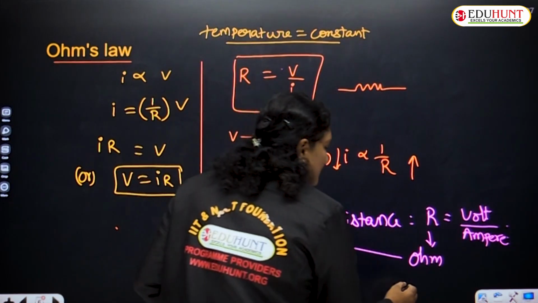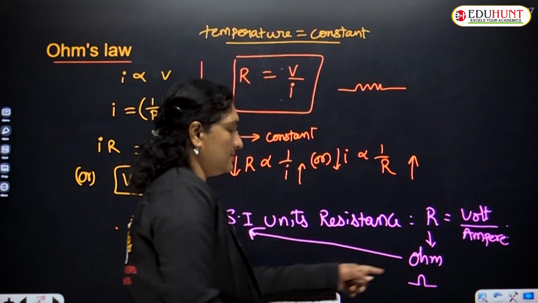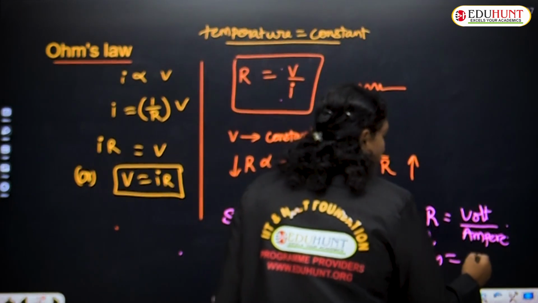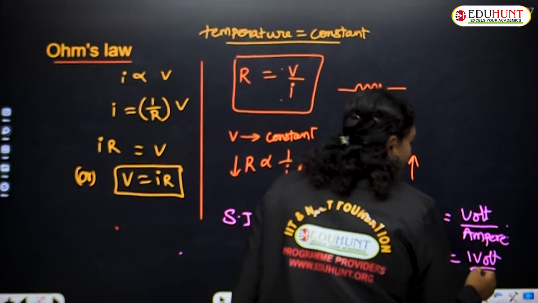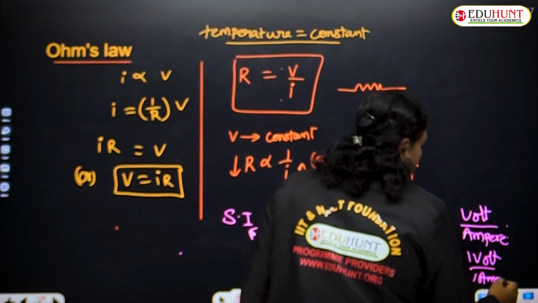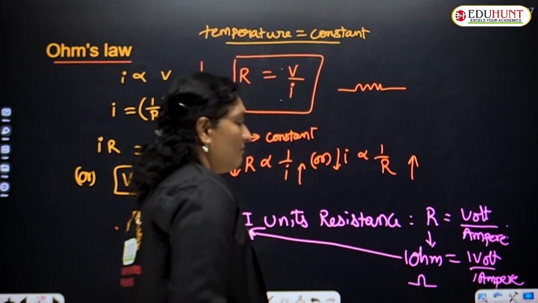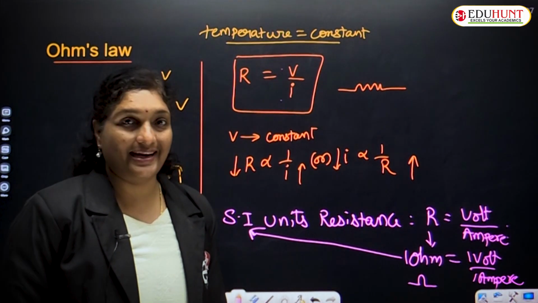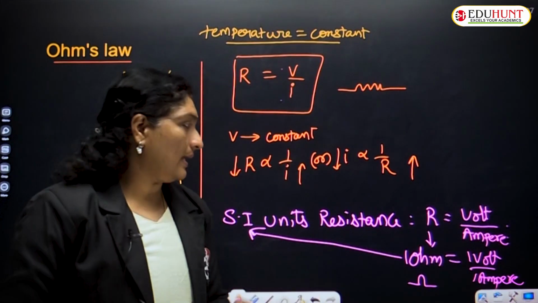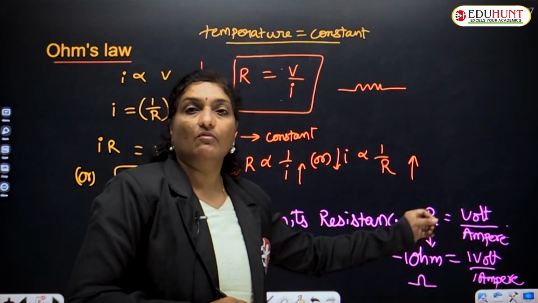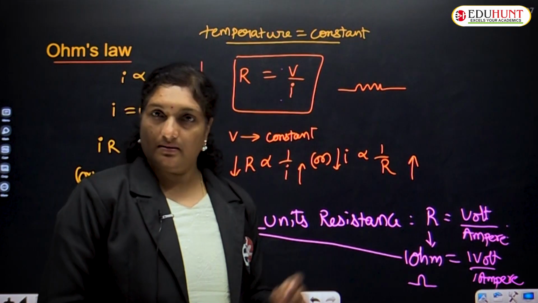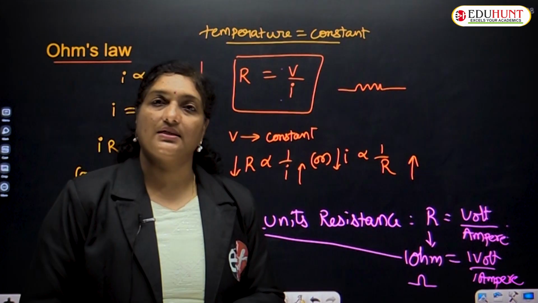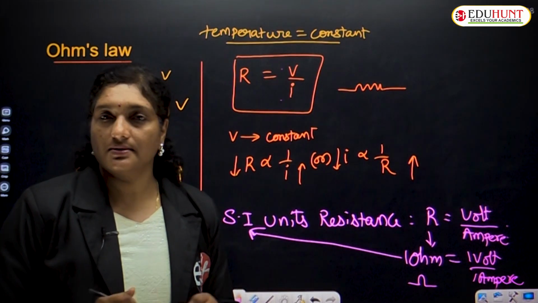It is indicated with the symbol like this. This is the symbolic notation for ohm, where 1 ohm can be written as 1 volt upon 1 ampere. So we can define that when 1 volt of potential difference is applied across the ends of a conductor in which 1 ampere of current is passing, then 1 ohm of resistance is applied across the circuit.